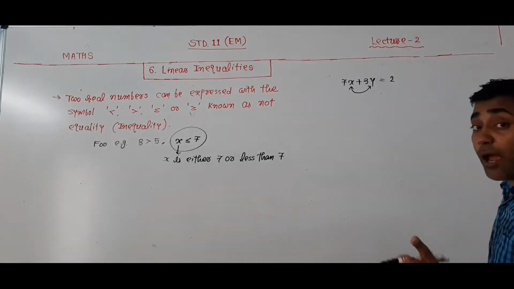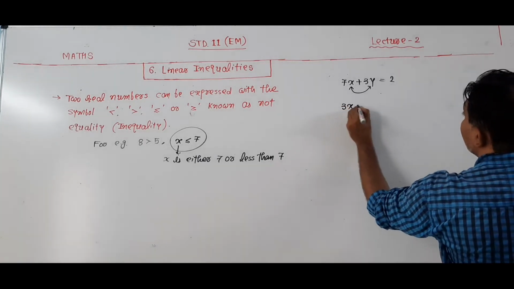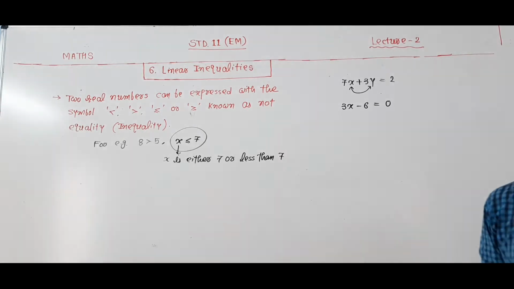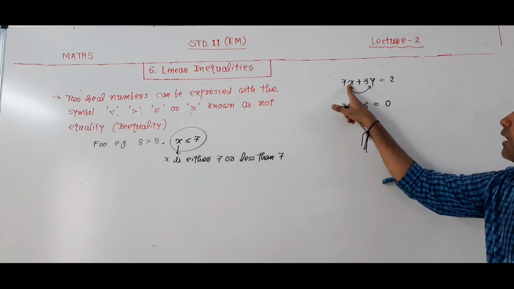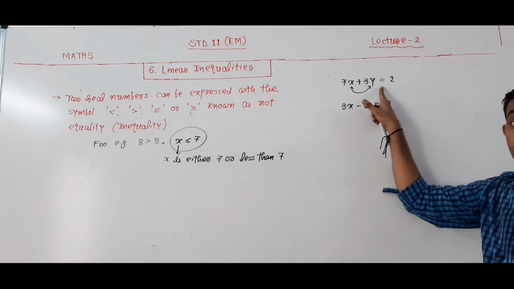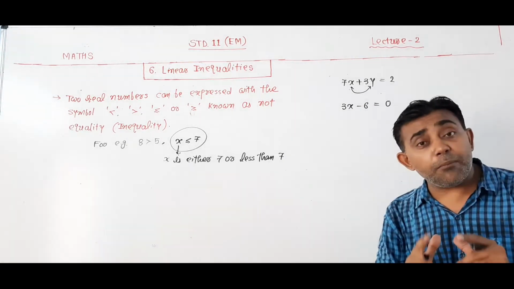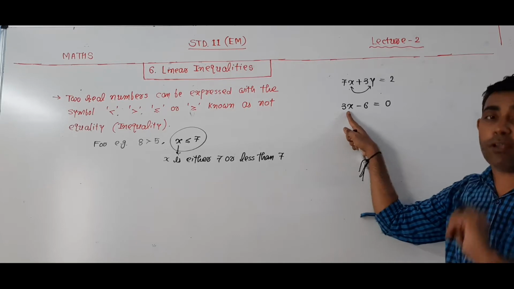And now I write an equality in one variable. See here, 3x minus 6 equals 0. How many variables are there? See, only one variable, x. So it's known as a linear equation in one variable.